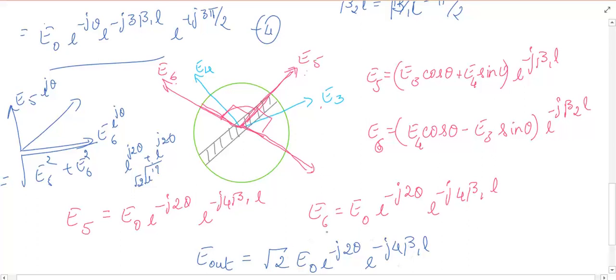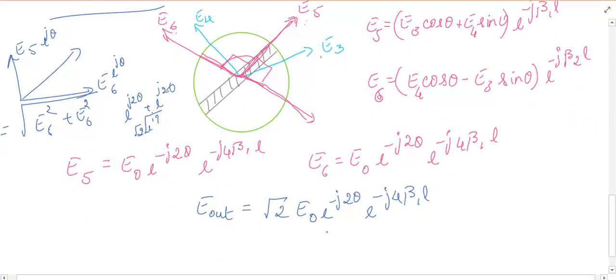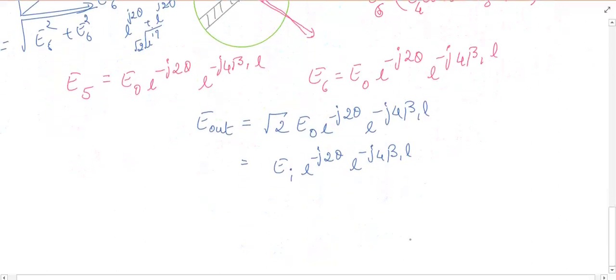One extra term you have to consider is e to the power j 2 theta. So E naught is nothing but EI by root 2. We'll substitute here, and you will get the expression as EI e to the power minus j2 theta e to the power minus j4 beta 1L. So we got this equation.